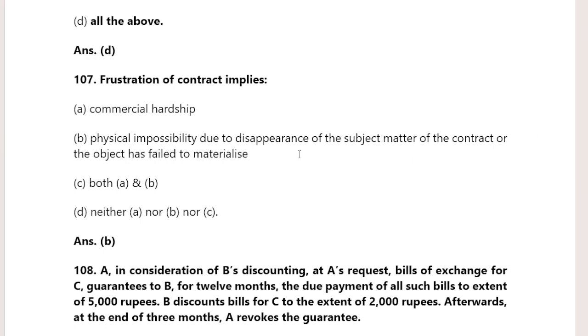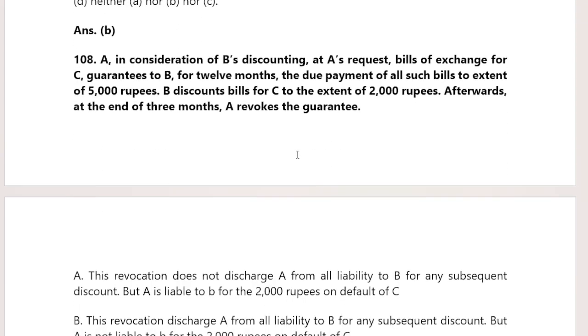And the next question is: A, in consideration of B discounting at A's request bills of exchange for C, guarantees to B for 12 months the due payment of all such bills to the extent of 5,000 rupees. B discounts bills for C to the extent of 2,000 rupees. Afterwards, at the end of 3 months, A revokes the guarantee.